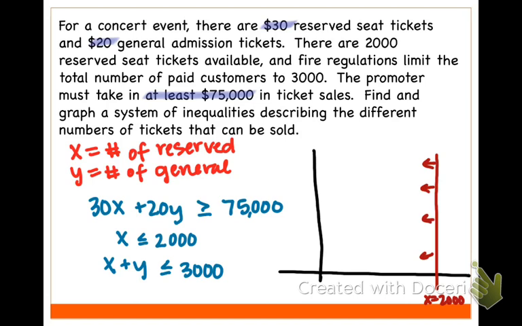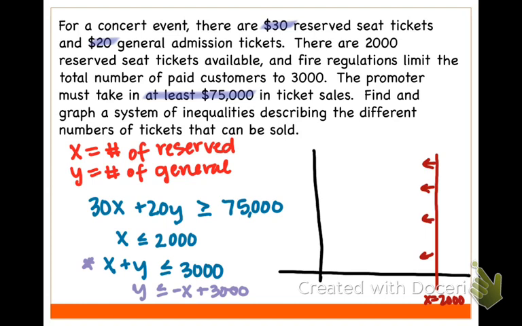But then I can go through and I can practice my graphing for all of these. So I'm going to work backwards. I'm going to graph this last equation first. I'm going to rewrite that as y is less than or equal to negative x plus 3,000. And this is where you can use your graphing calculator to help you. You can rearrange it. Now, your graphing calculator has to take equations only, but you can get the boundary line drawn in.